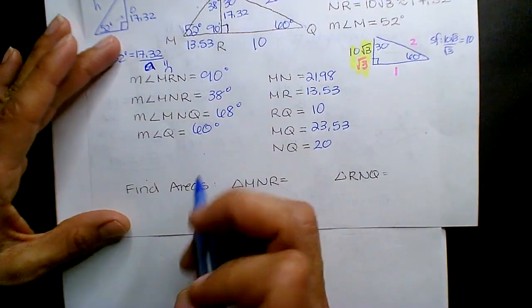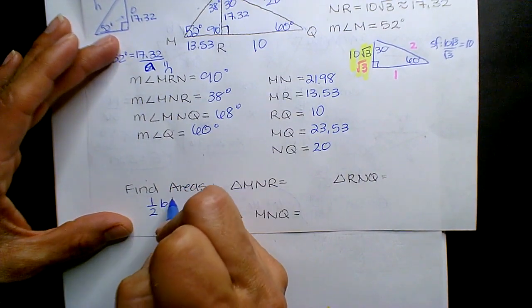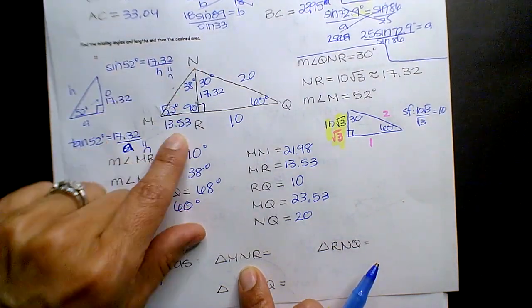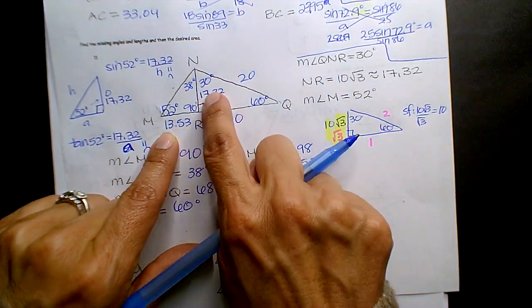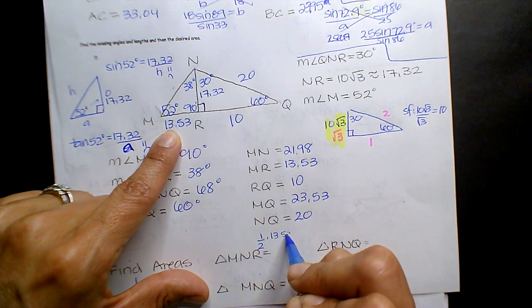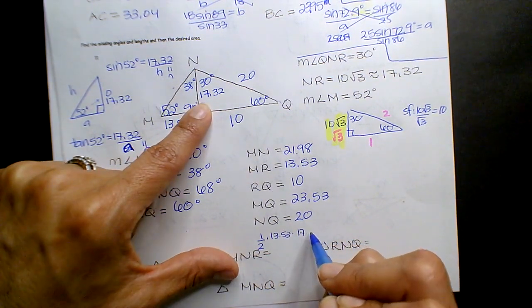Now area is one half base times height. MNR is the little one, so this is my base, this is my height. So what's one half base times height?